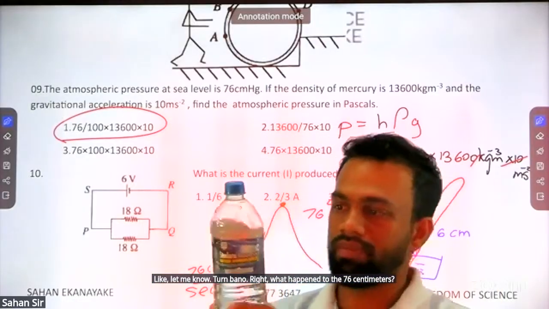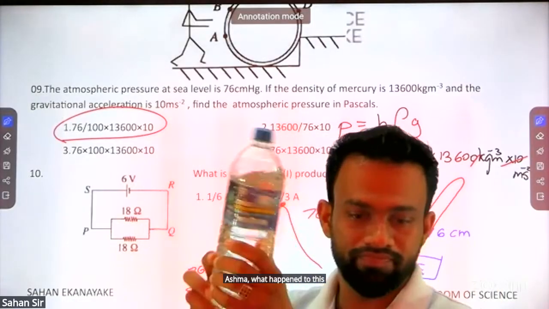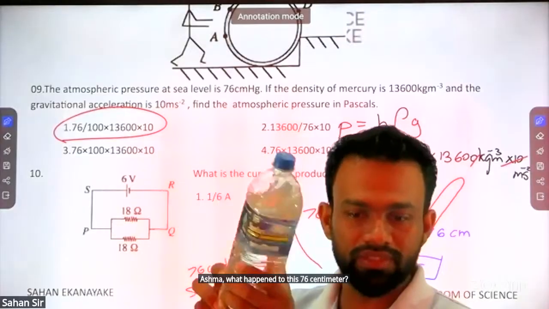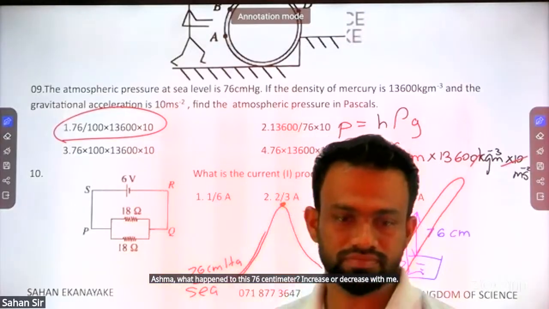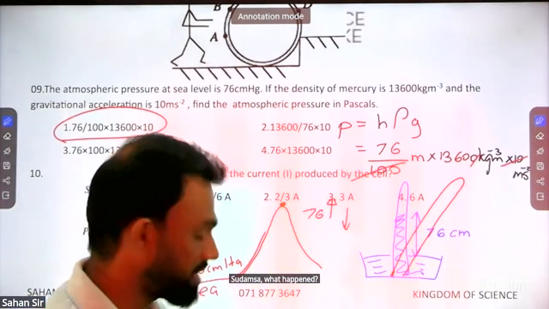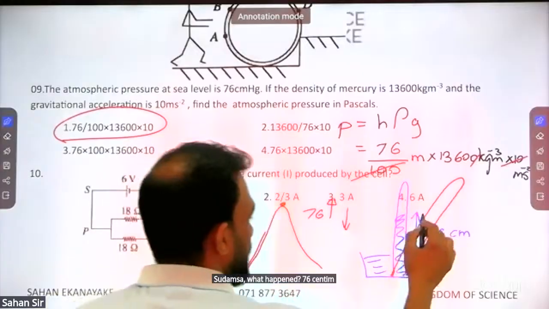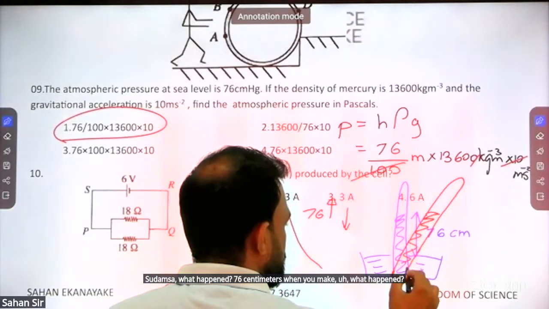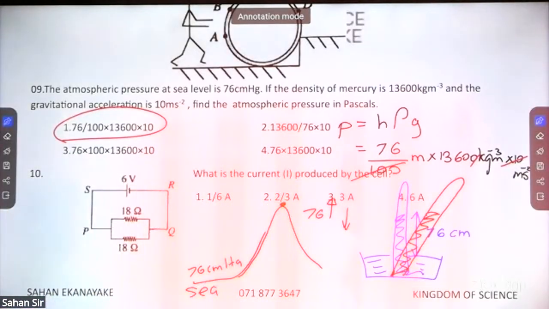Ashmal, what happened to this 76 centimeter? Increase or decrease with me? Sudamsa, what happened? 76 centimeters when you make what happened? Increase or decrease?